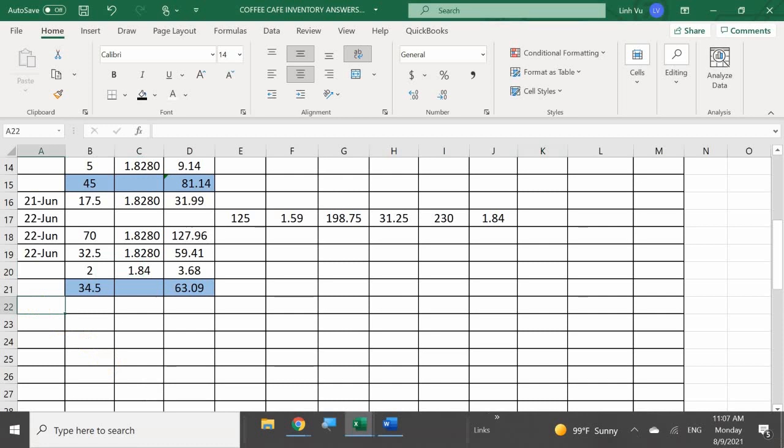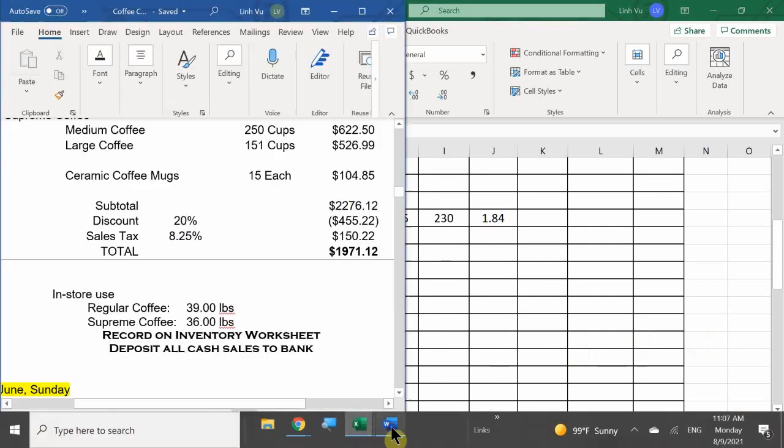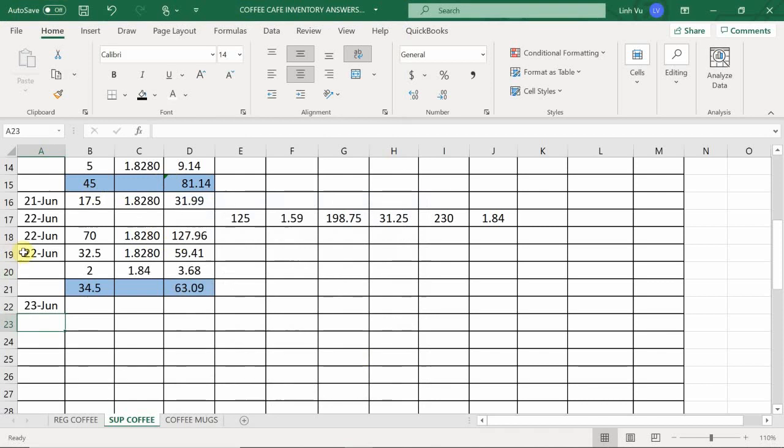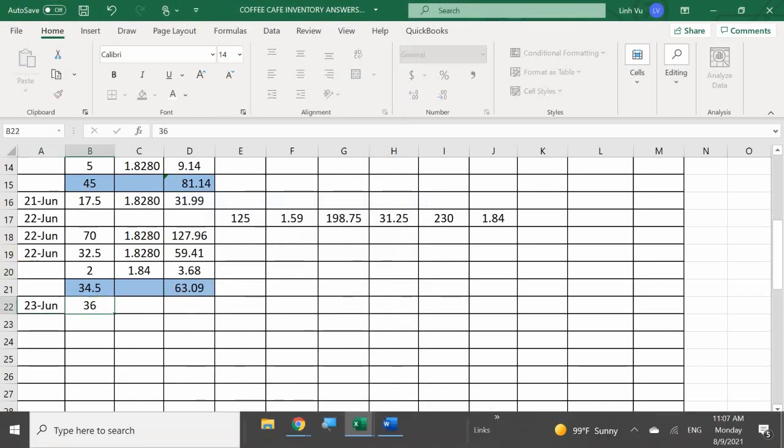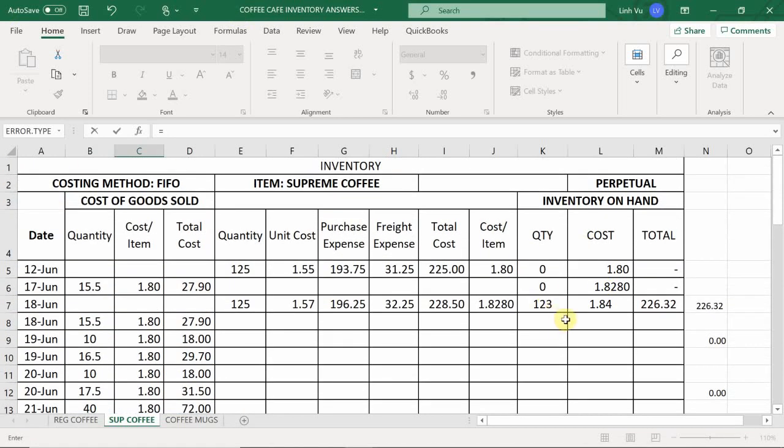Now heading to my Supreme coffee. Let's see how many pounds I used. I used 36 pounds. So type in here 36 pounds, okay? At what cost? Let's see. I only have one batch of inventory for $1.84.